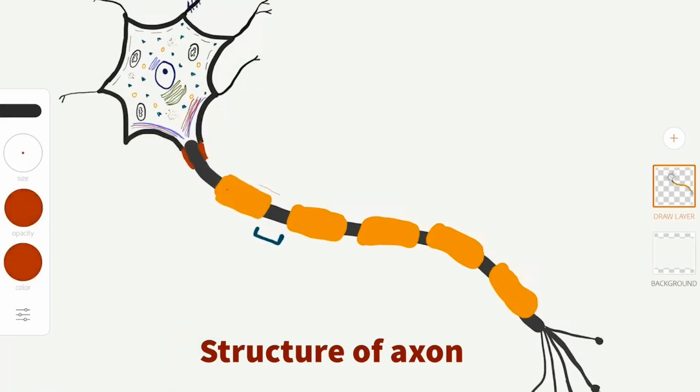If we take a section of this region and enlarge, this is the axon, then we have the myelin sheath.